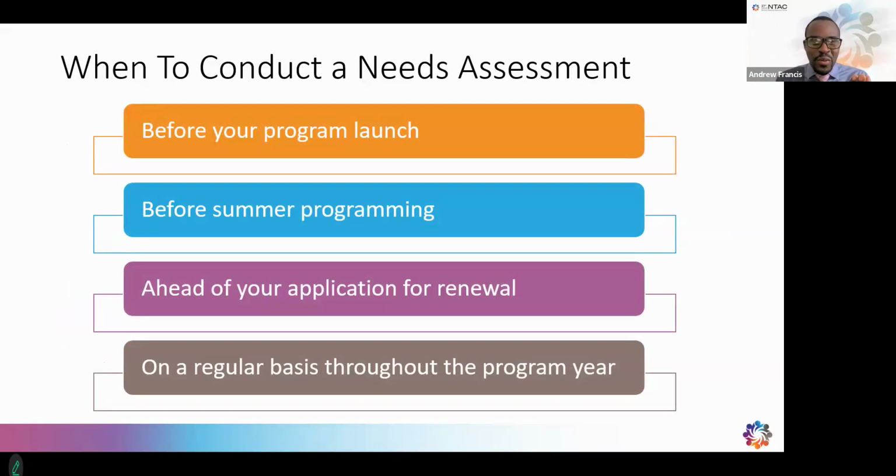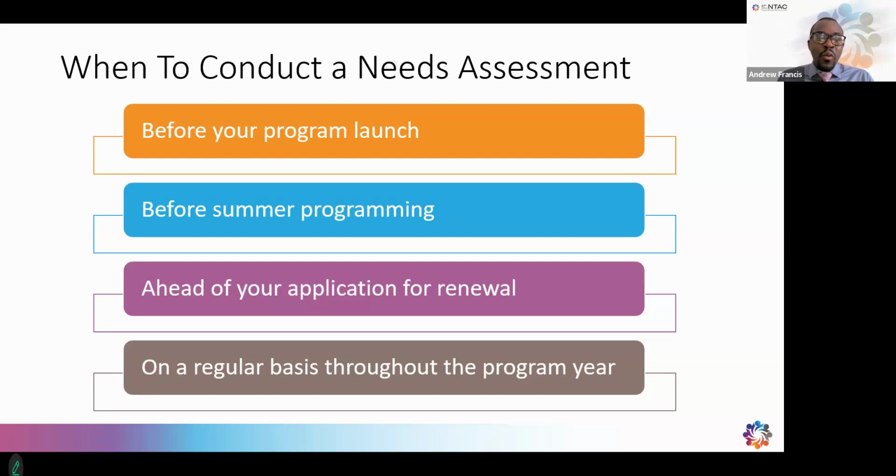I'm sure we may have a couple of those in our session today, right? Because as we understand the needs of our students and families, as was just mentioned in the chat, we're able to design programs that can effectively address the needs of students and families, right?